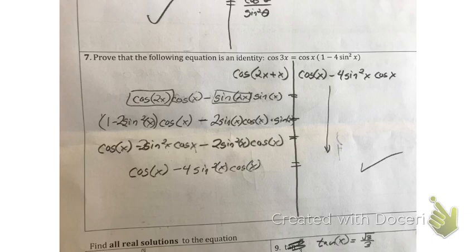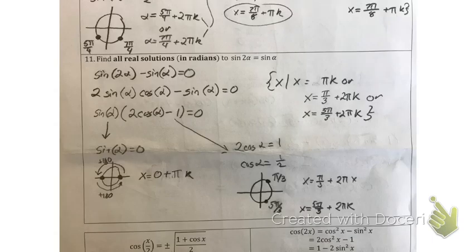Number 11, we're supposed to find all real solutions of sine 2 alpha equals sine alpha. So that was kind of a step up from where we left off the prior day. The first thing you have to do anytime I ask for all real solutions, or I give you something that's not an identity, is get all your trig functions on one side and all your numbers on the other side. So that means subtract sine alpha.